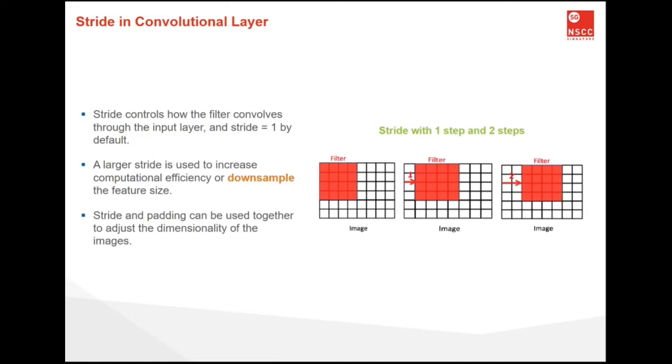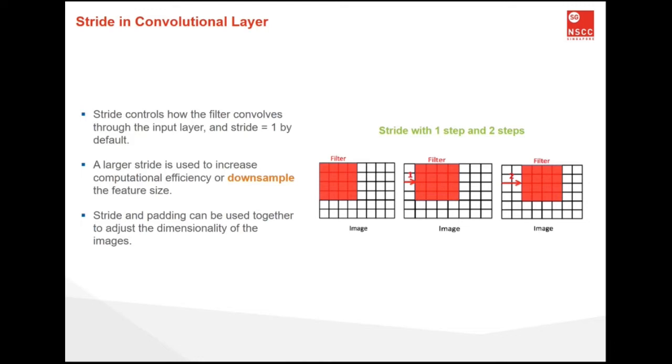We can see that when stride equals 2, the filter moves 2 columns to the right-hand side. Normally, programmers will increase the stride if they want the convolution filters to overlap less, and if they want smaller spatial dimensions.